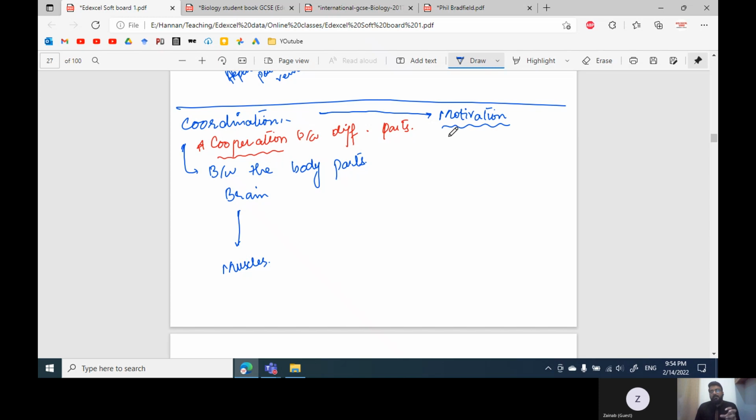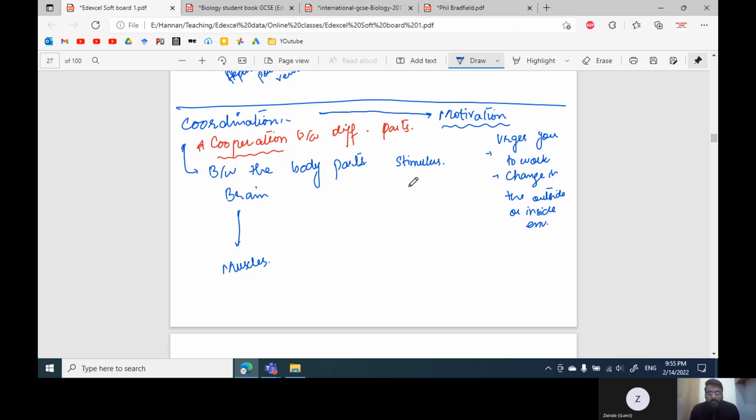But let me convert it in the language of the coordination topic. Anything that urges you to work, or any change in the outside or inside environment, that is actually, in a single word, regarded as a stimulus.